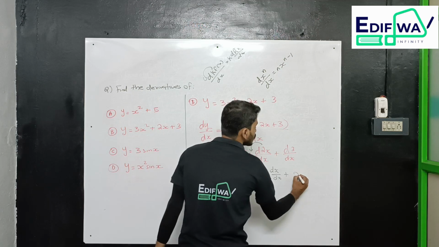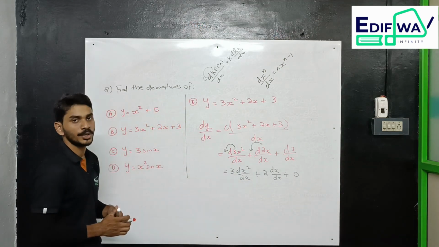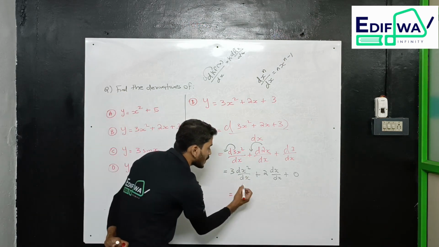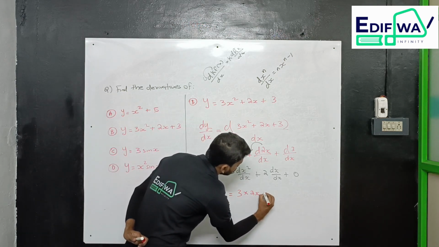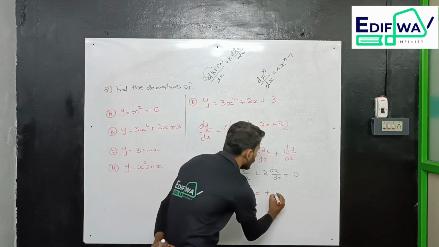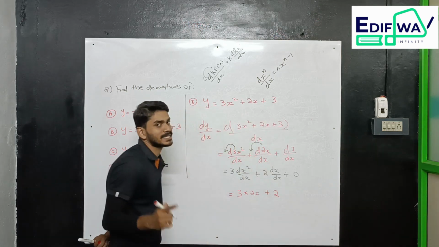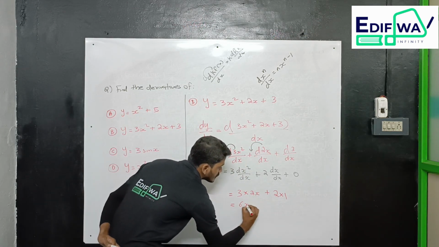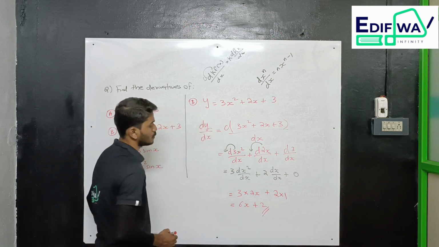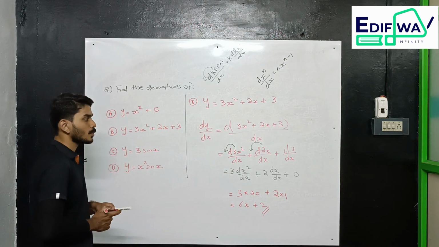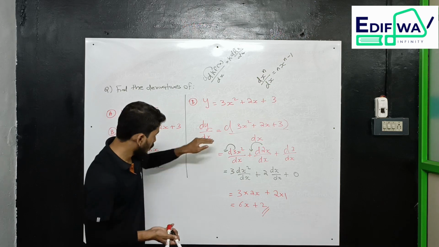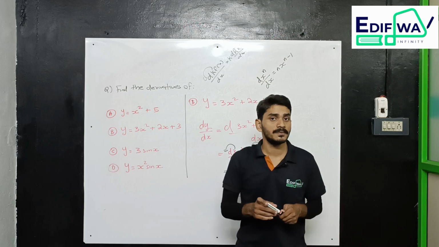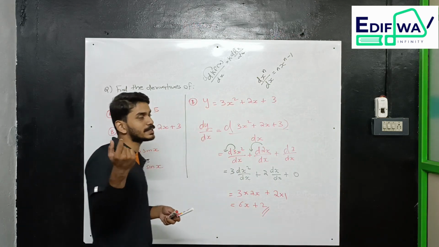Derivative of a constant is 0. Now come here. 3 into derivative of x square. Do you remember, it is 2x, plus 2 into dx by dx. The answer is 1. 2 into 1. So your answer is 6x plus 2. So this is the answer. You have to do 4 or 5 steps, right? It's nothing very tough. It is actually very simple.